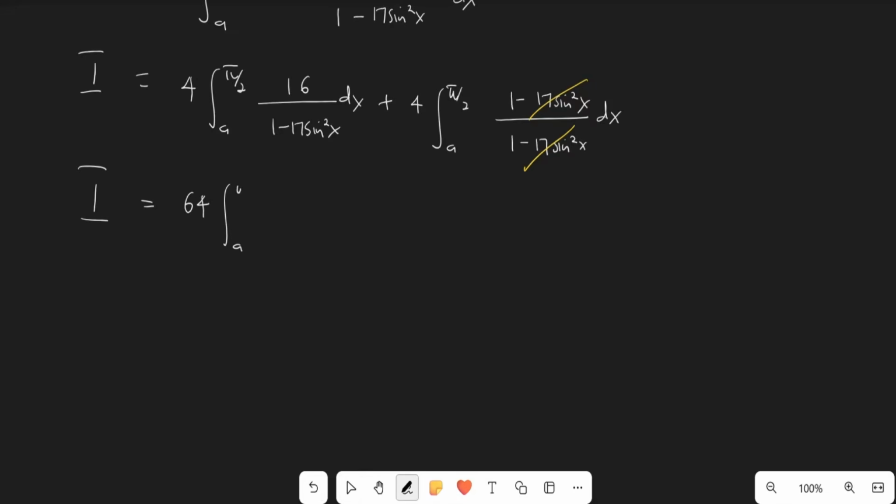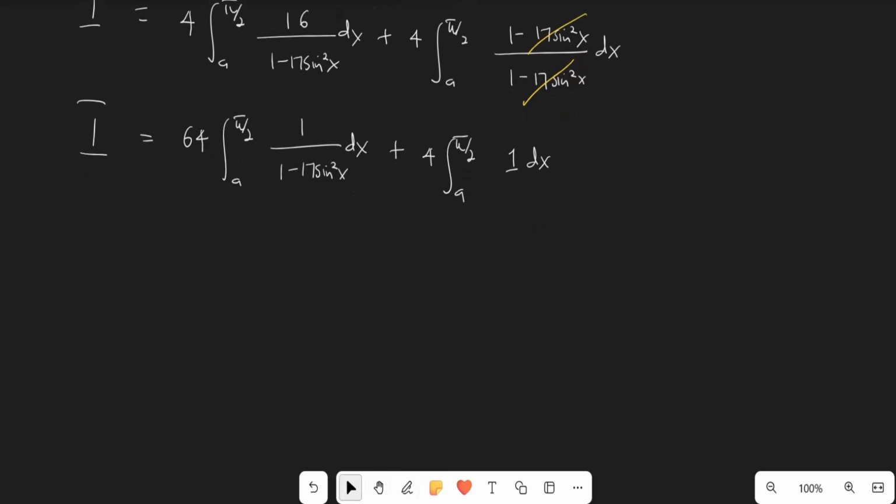Then the integral from a to pi over 2, just bringing this one to multiply 4, and then you have 1 all over 1 minus 17 times sine square of x dx. And this one plus 4 times the integral from a to pi over 2 of 1 dx. All right. So now integrating the second one is just x, and then we put in the limits.